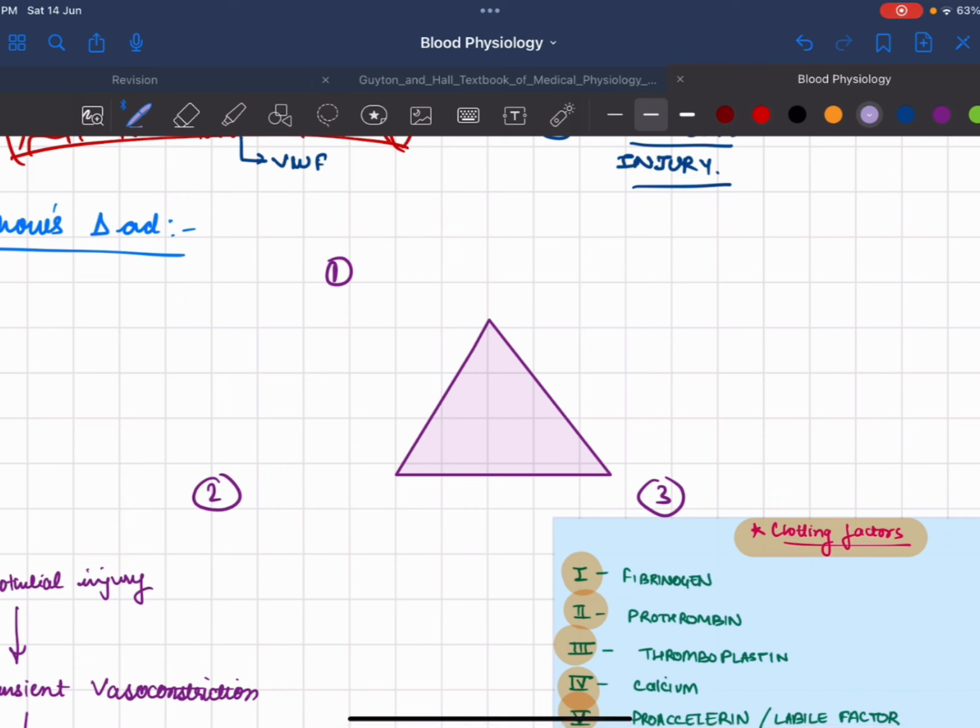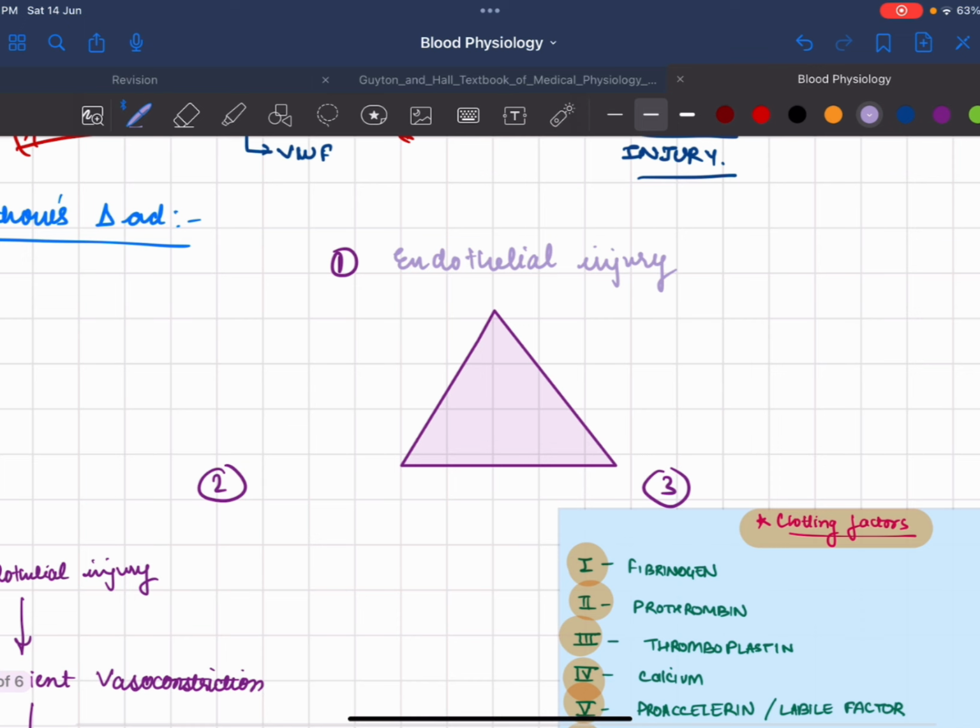Then we come up to the Virchow's triad. What is a Virchow's triad? It has three components. Firstly, it has endothelial injury. Secondly, we have hypercoagulability.